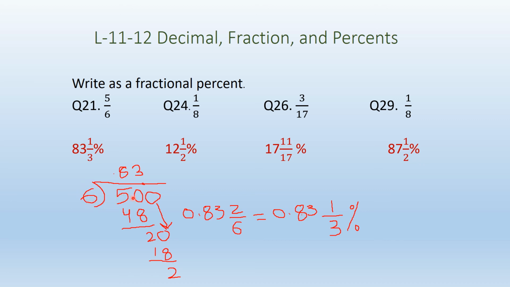Then 5 is smaller than 6. Put a decimal point here, and after that you put 0. Now it becomes 50. How many times? 8 times 6 is 48. Again 50 minus 48 is 2.